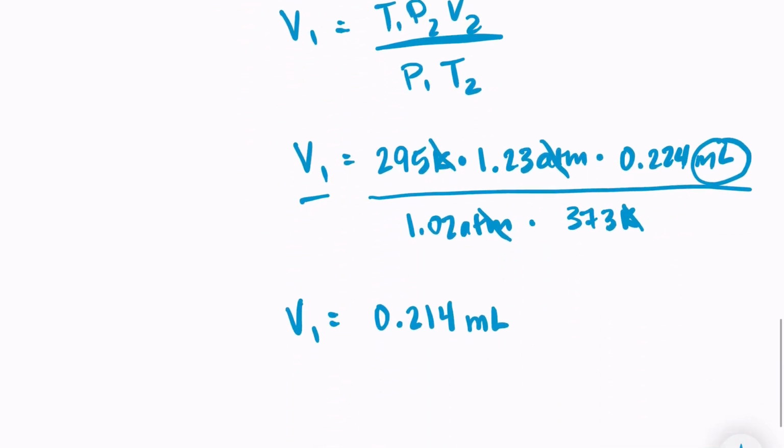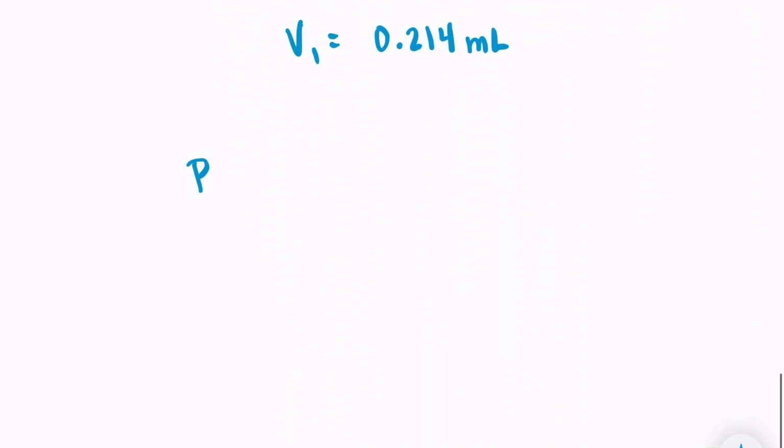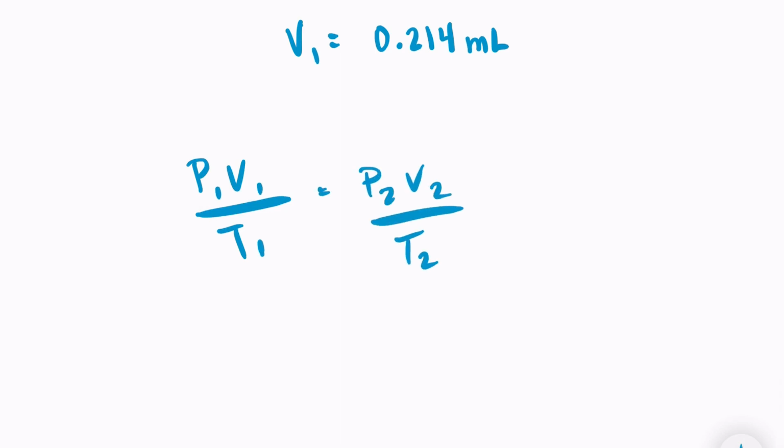So we can easily solve for the missing variable if we know all of the others just by rearranging our formula. And one small trick: if we have P1 V1 over T1 equals P2 V2 over T2, some people find it hard to rearrange the formula when we have a quotient, with T1 and T2 on the bottom of our fraction.